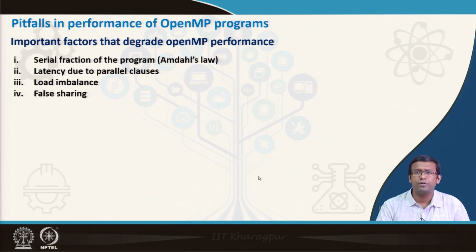False sharing, we have looked into that. Though two processors are working on two different data locations of the same array, if they are sufficiently close, then they are probably shared in both the processors' caches, and therefore the cache coherency protocols are working over them, which gives a sense of false sharing, and the performance degrades.